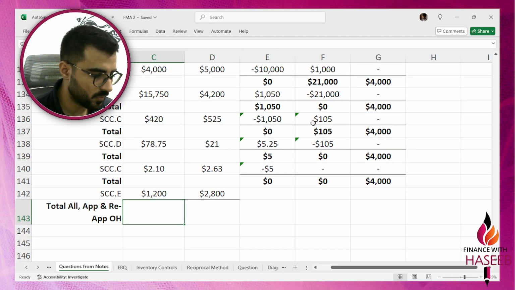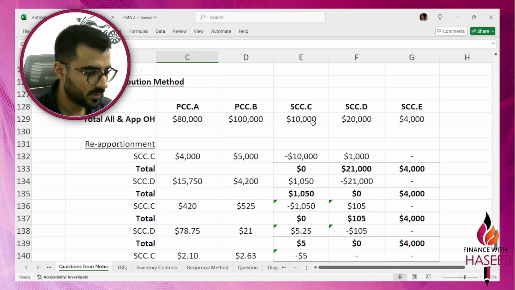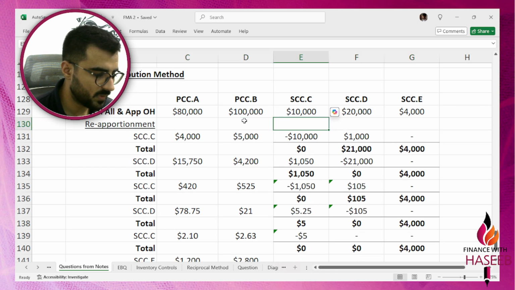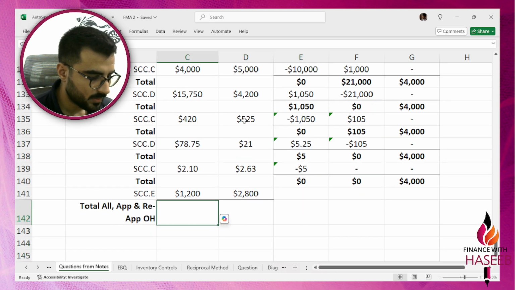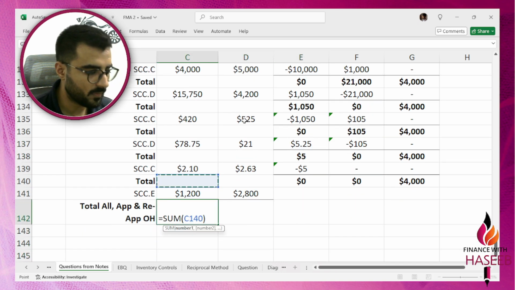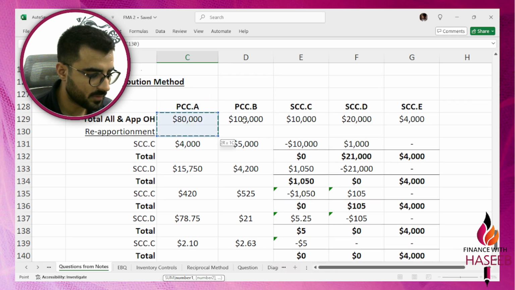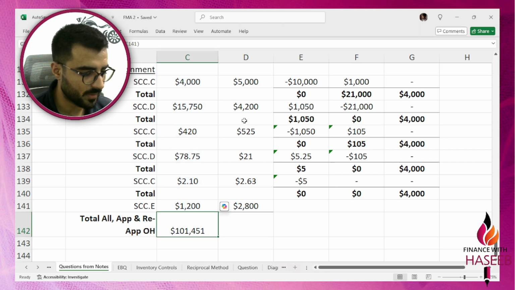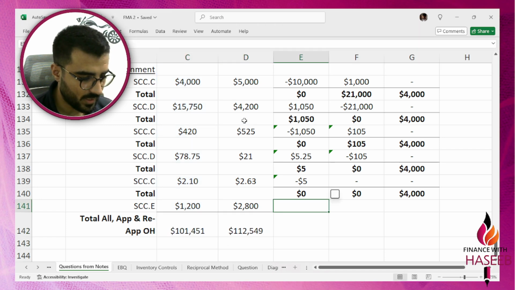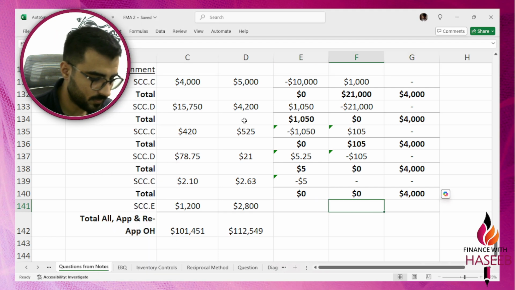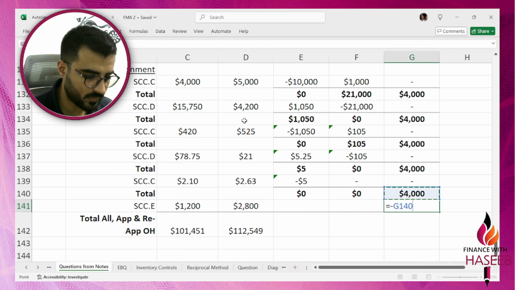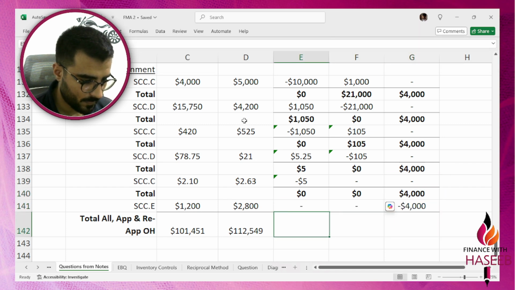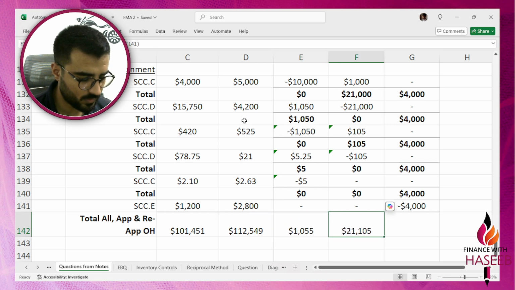Okay, let me zoom out so you can see all the workings. So I can remove this line. So we will find the total. We will add all these figures to find the total overhead for production cost center A plus this, and we can find here also. So minus 4,000. Okay, 0.